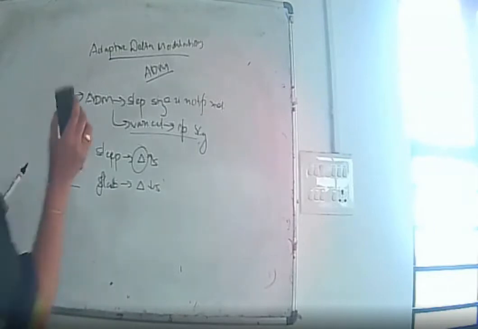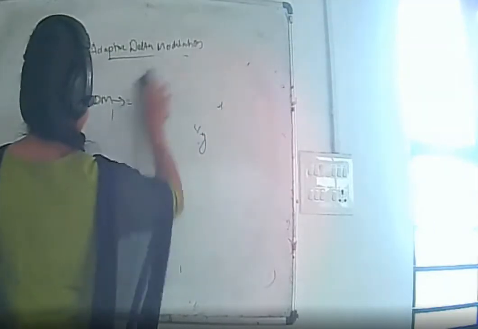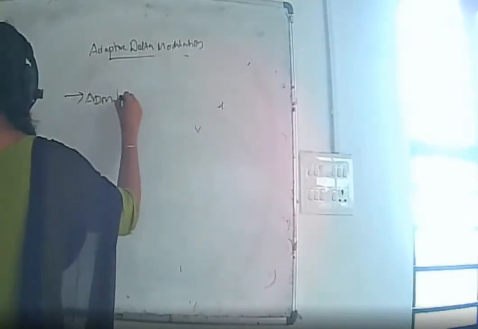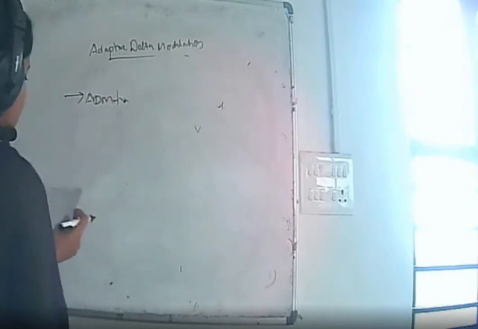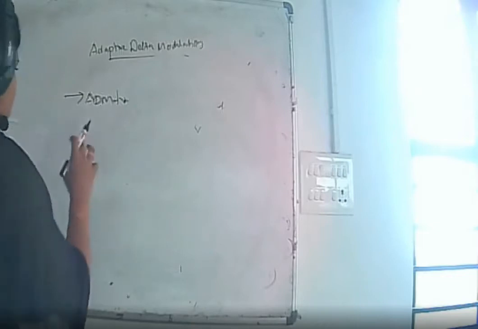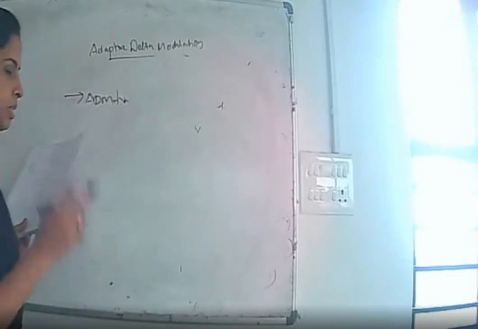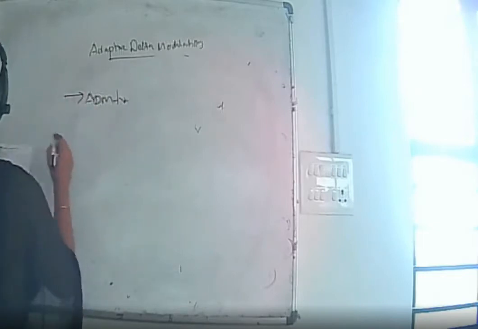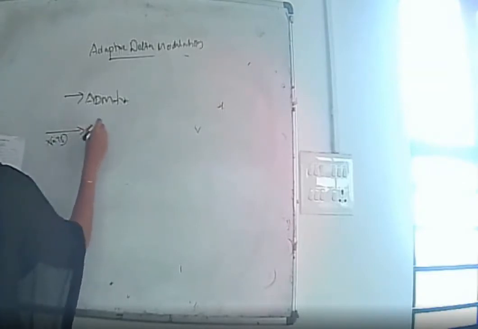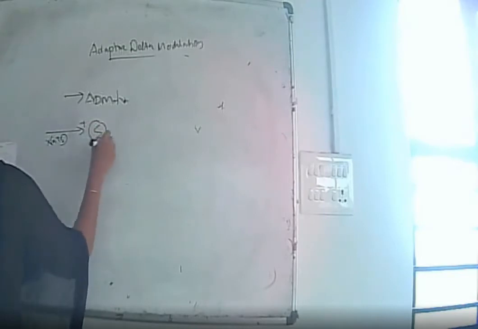Now we will go to the ADM transmitter. This ADM transmitter is very similar to delta modulator, but there is a logic circuit to control the step size in ADM transmitter. Here, the input X of nTs is our input, which is given to a comparator.